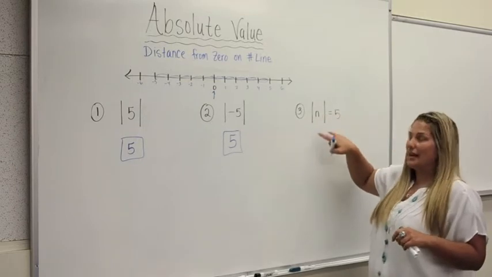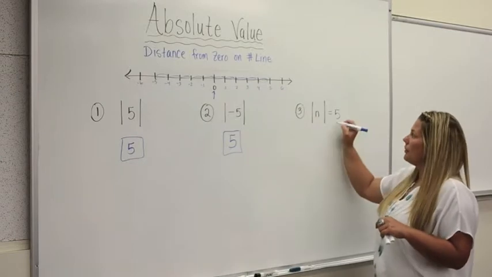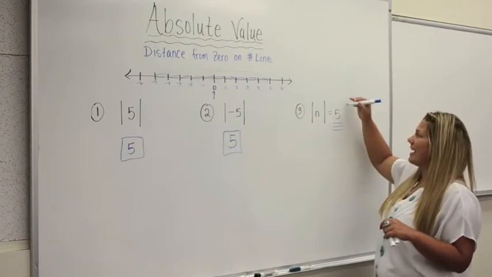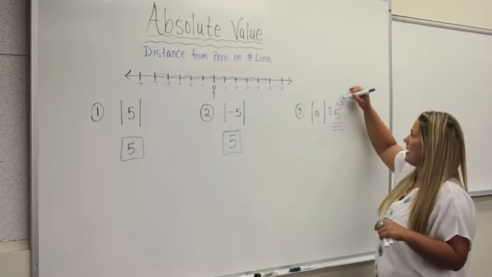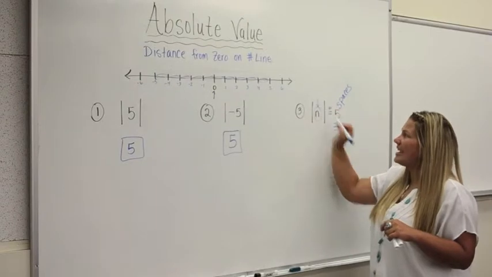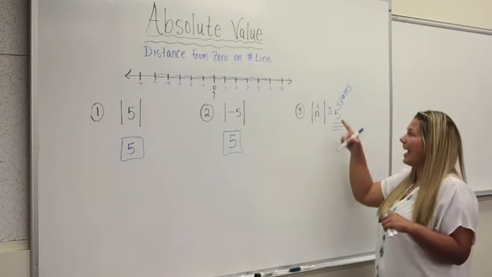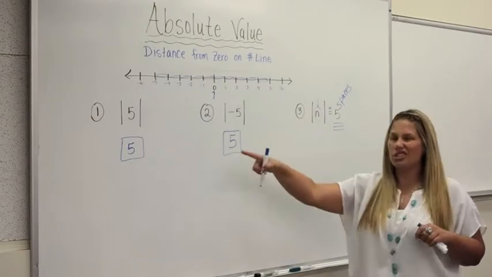Now what they're saying is the absolute value of n is equal to 5. So right here, when they give you an equals, they're saying it is 5 spaces. So they want to know what numbers can go inside those absolute value bars that are 5 spaces from 0. Well, we actually just worked that out.